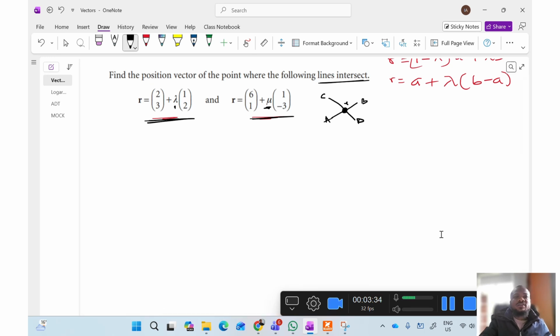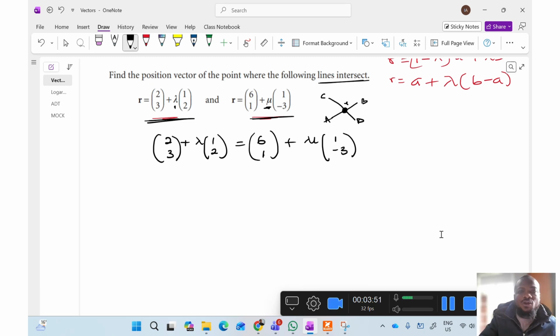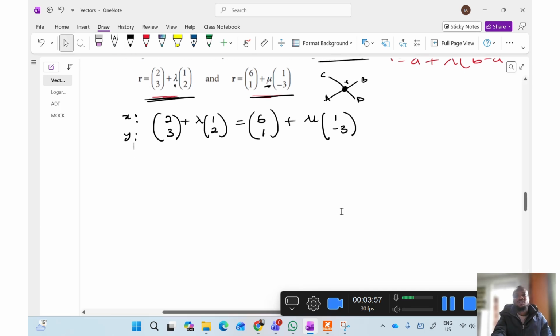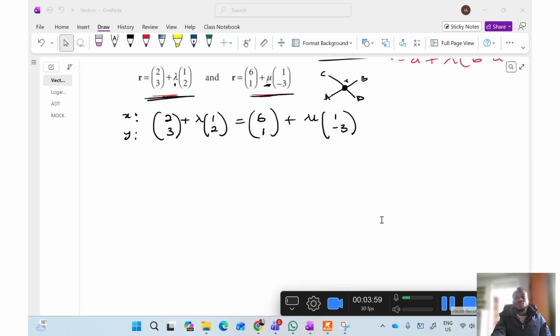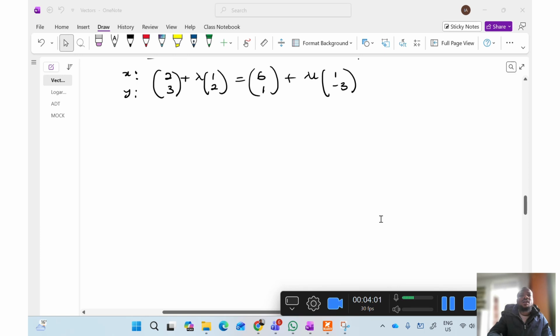So I can write this as (2, 3) + lambda(1, 2) equal to (6, 1) + mu(1, -3). If you take a look at this, this is the x-axis component and this is the y-axis component. Then we compute this together using simultaneous equations to find lambda and mu.